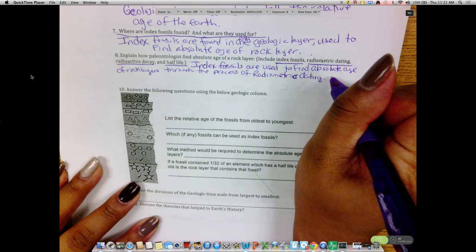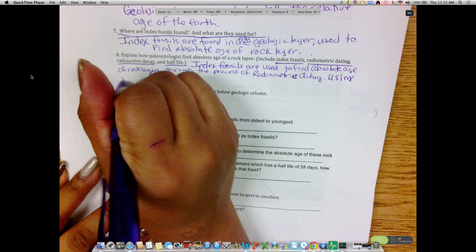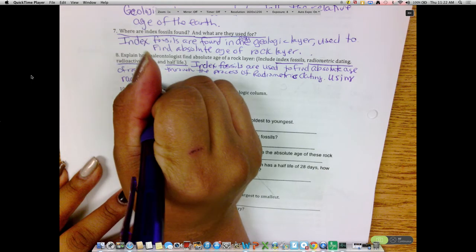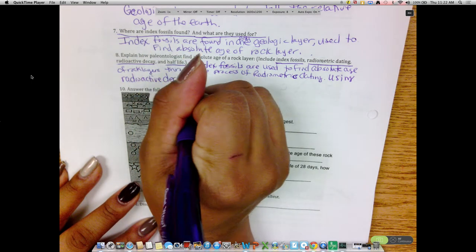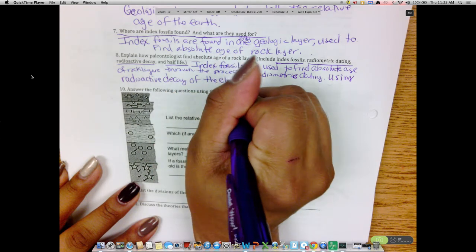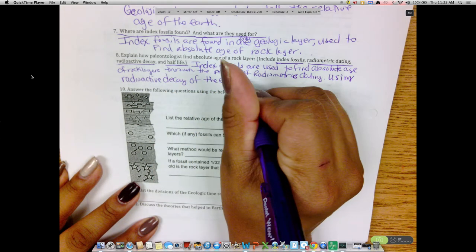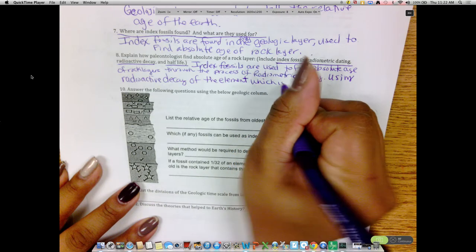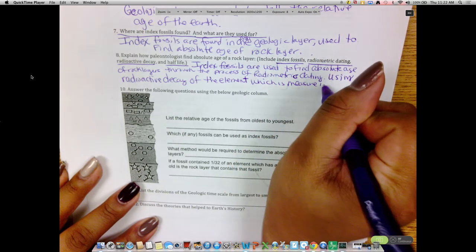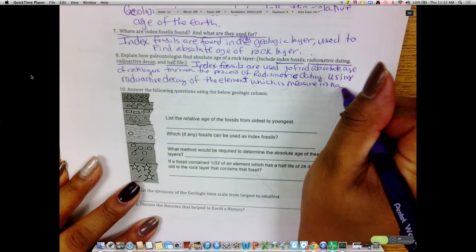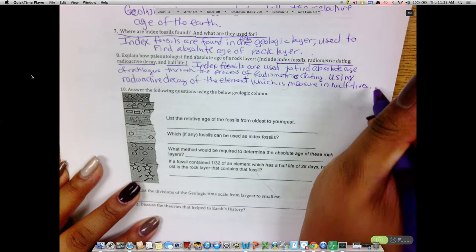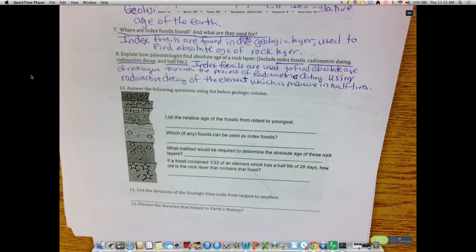I'm going to add that word using, good, radioactive decay of the element, which is measured in half-lives. See how that makes more sense? And it included all of the stuff that we did. That's why we did all of those demonstrations with the Twizzlers and the lab that you did when you were stacking your layers.